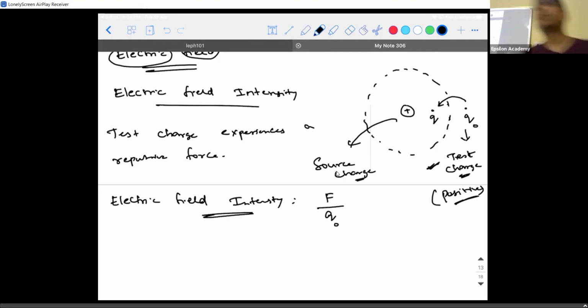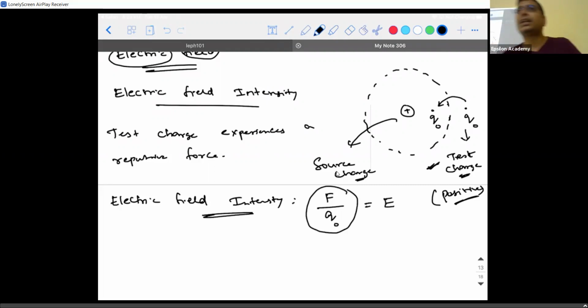The test charge is represented by the symbol Q naught. This parameter is what is called the electric field intensity, and it is given by the symbol E.